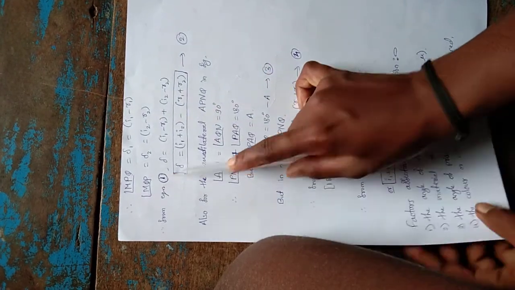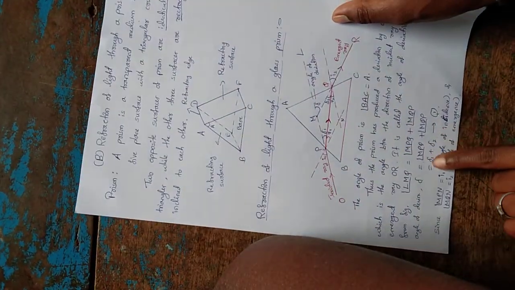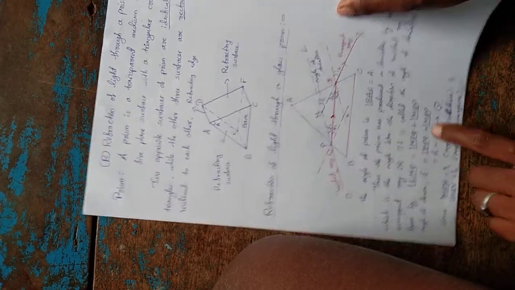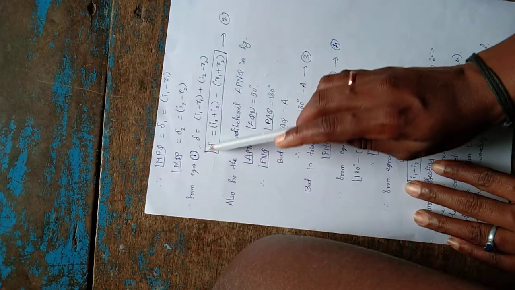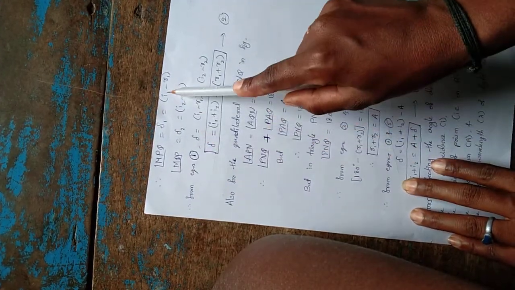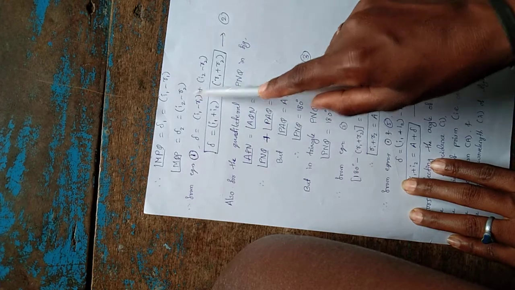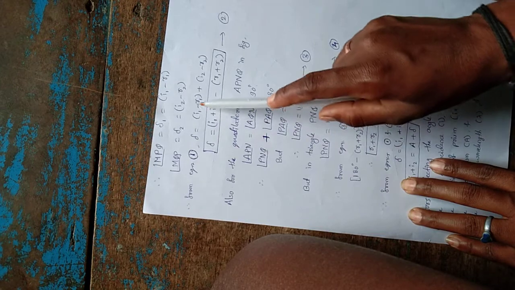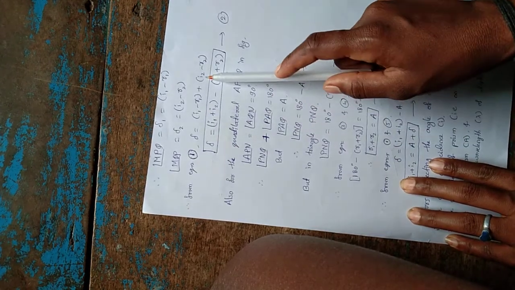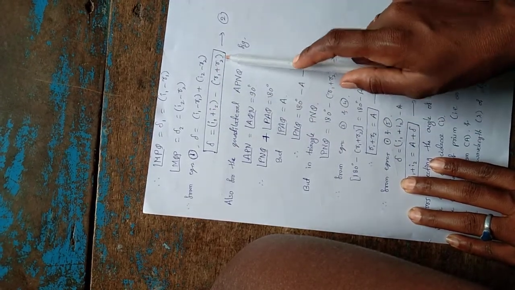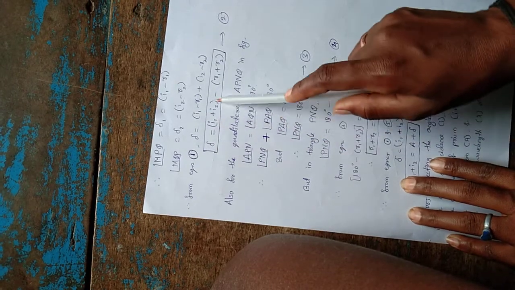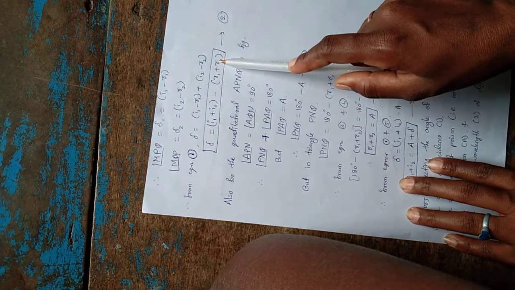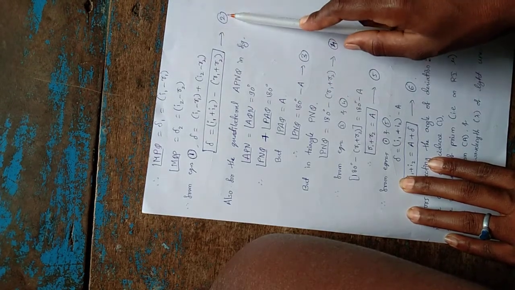From equation number 1, delta is equal to delta 1 plus delta 2. We got delta 1 and delta 2, so just put those values in this equation. Delta is equal to I1 minus R1 plus I2 minus R2. Taking the incidence angles on one side and the refracted angles on the other side, delta is equal to I1 plus I2 minus R1 plus R2. That is equation number 2.